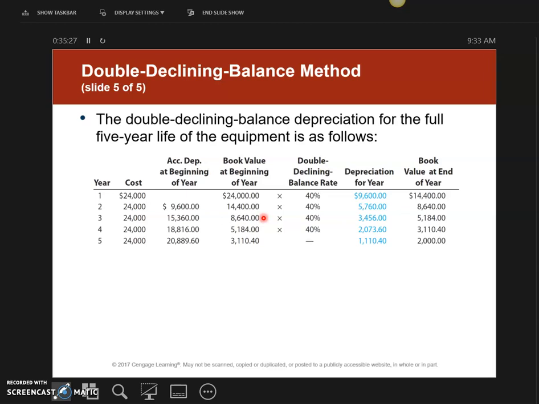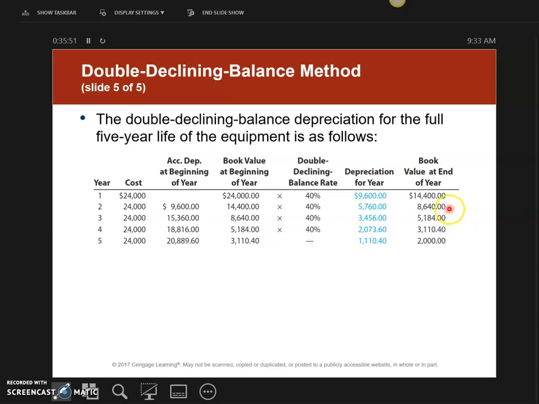When things are depreciated all the way, they're called fully depreciated. So right now I'm going to take the book value at the beginning of the year, which is the cost minus the accumulated depreciation, times 40%, and I get this depreciation expense for year 3. And so now book value at the end of the year is going to be this.